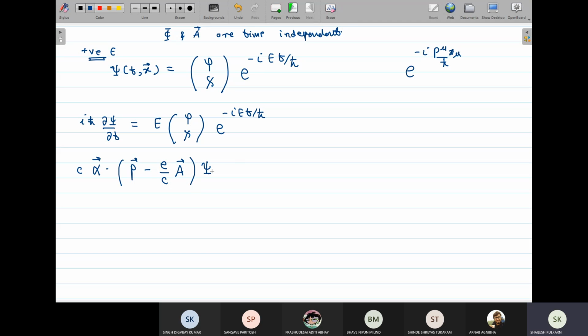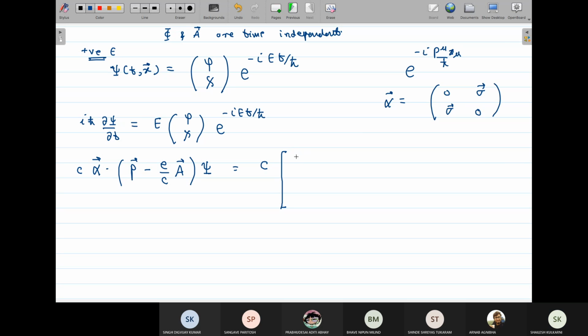So this will be equal to c. What is alpha? Alpha is 0, sigma, sigma, 0.